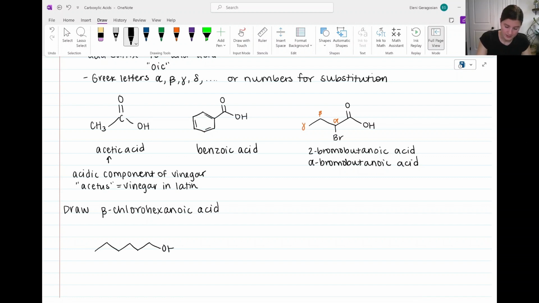We have a carboxylic acid, so that has to be at one end of the chain. You could draw it on the left or the right. And then we have a chlorine at the beta carbon, so our alpha is adjacent to the carbonyl carbon, beta, gamma, etc. So we have a chlorine at the beta carbon.